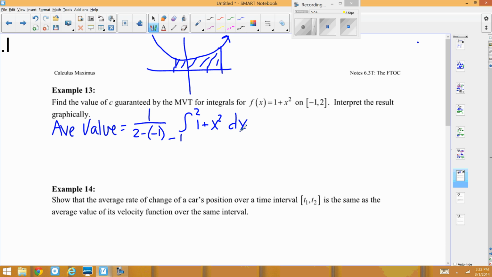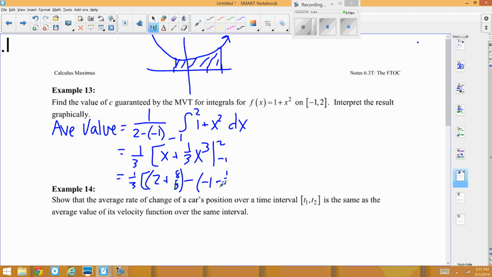And this is a simple integral that we can do: 1/3 times x plus 1/3 x cubed evaluated from -1 to 2. So we get 1/3 times 2 plus 8/3, minus, at -1, minus 1/3.